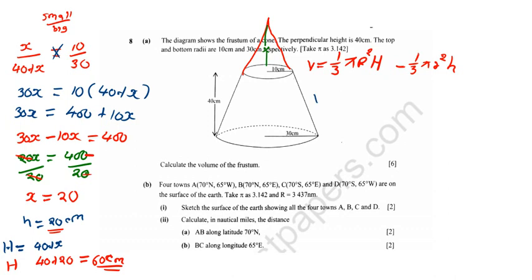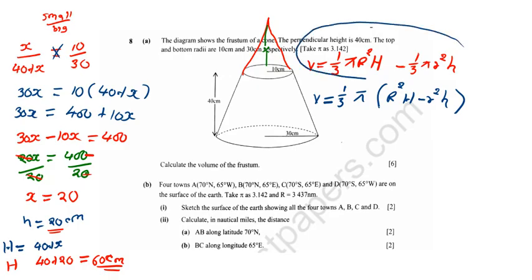So I can say V is equal to, I can factorize what is common. It is 1 over 3 pi, open bracket, big r squared h minus small r squared h. But if you want, you can use VC, the same one, you get the same answer. So we say V is equal to 1 over 3 pi, open bracket, r, which is my big radius, I have 30.